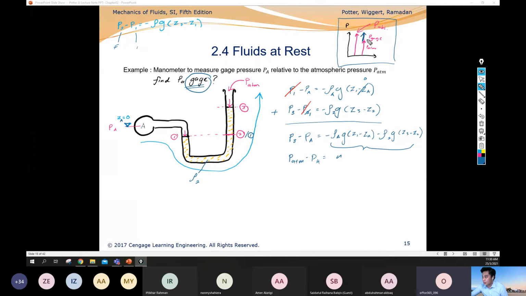Once the question asks, find the P gauge, automatically our reference point starts from PATM or starts from here? PATM. Yes. Once the question asks for the P gauge, our reference value starts from PATM. So once we set it as the PATM, this PATM we know already, we cancel it to be 0. Okay, remember this is our datum.